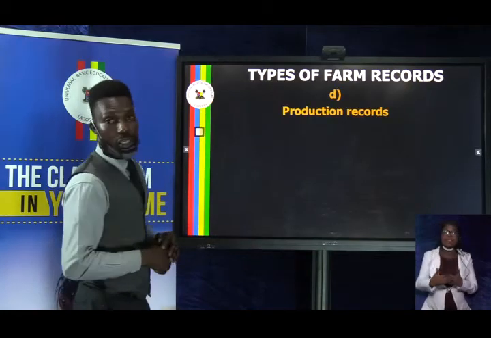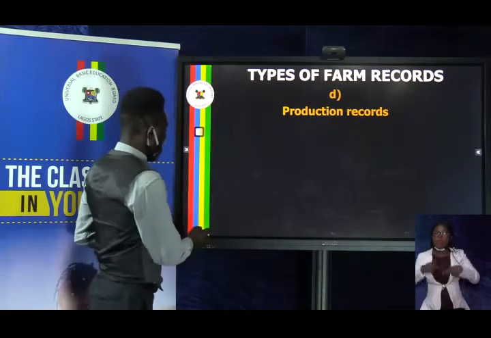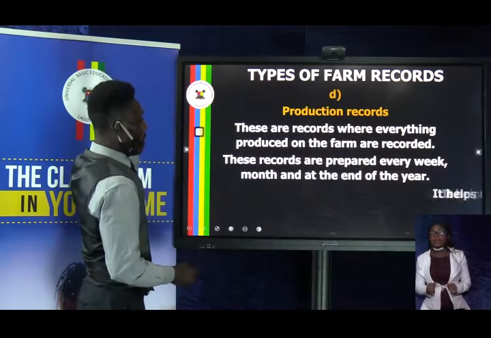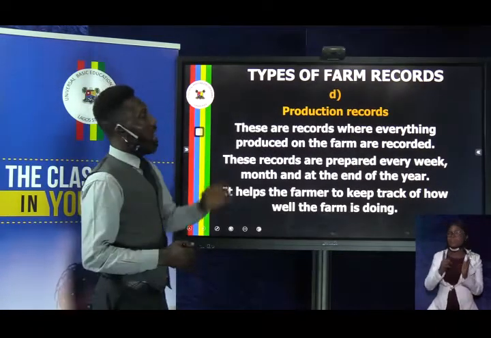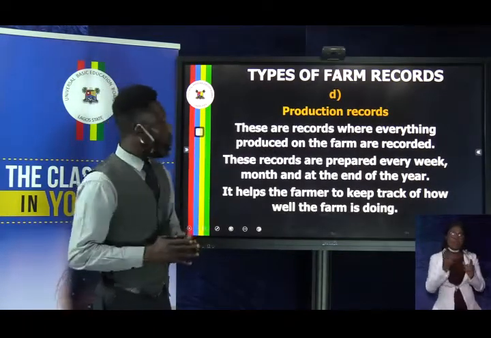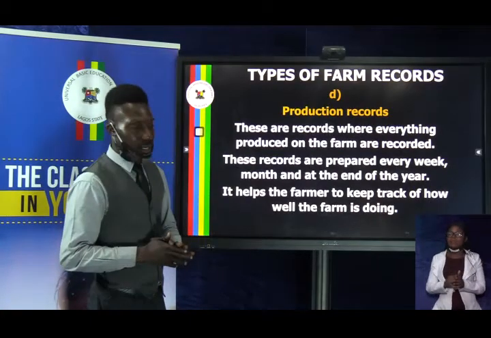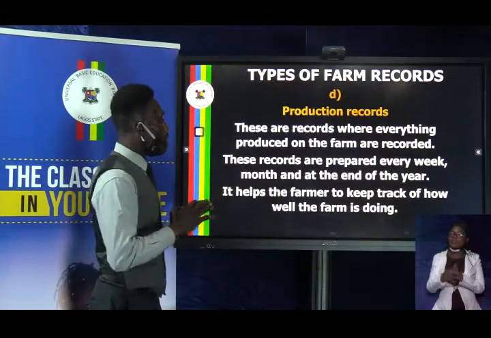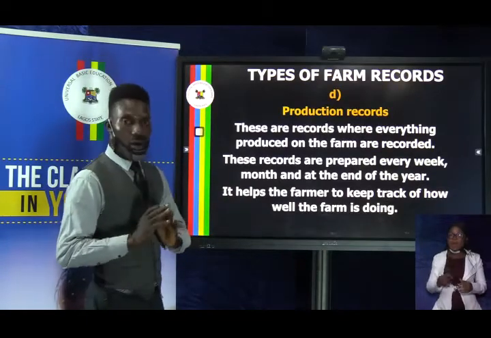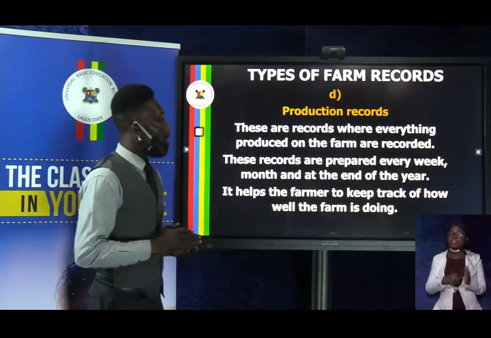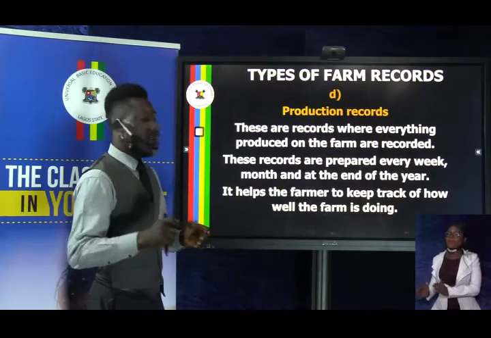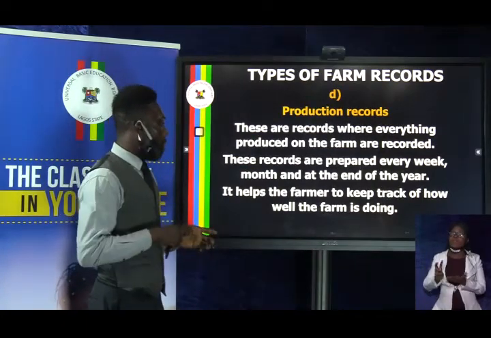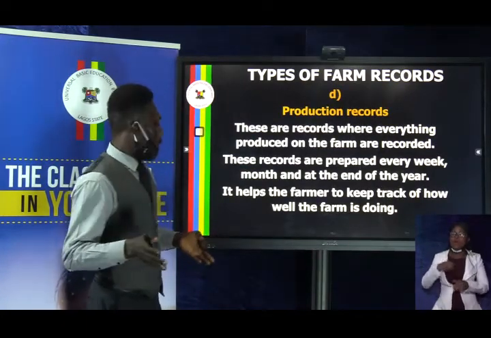Next is production records. Say that, production records. These are records where everything produced on the farm is recorded. These records could be prepared every week, every month, or at the end of the year.